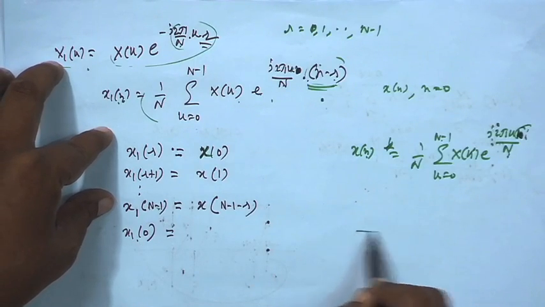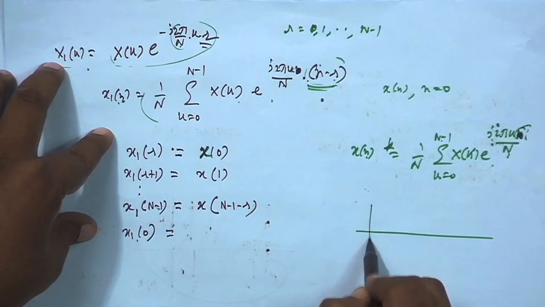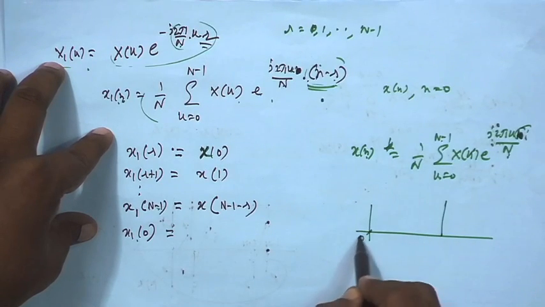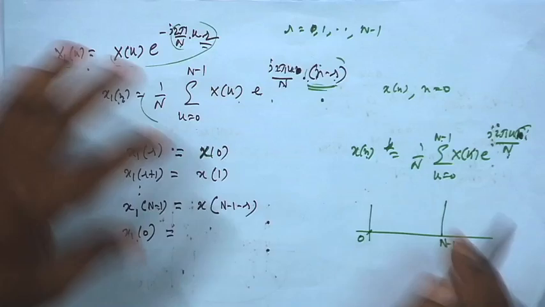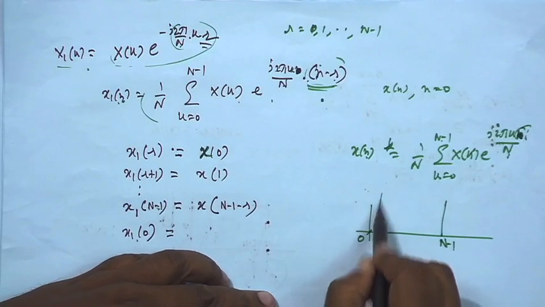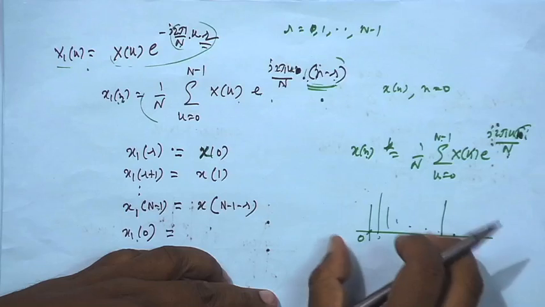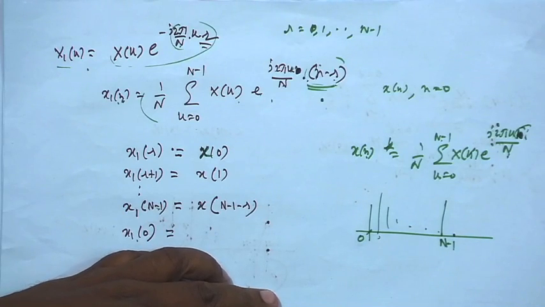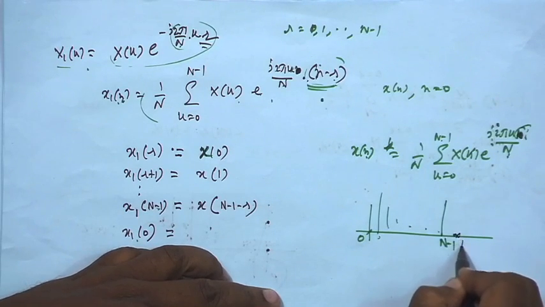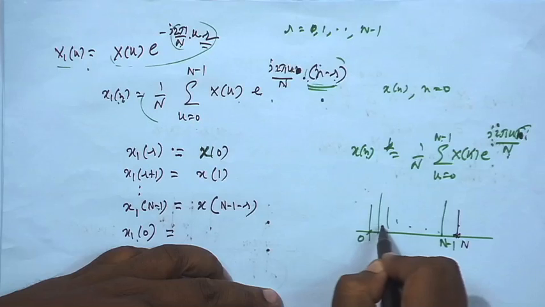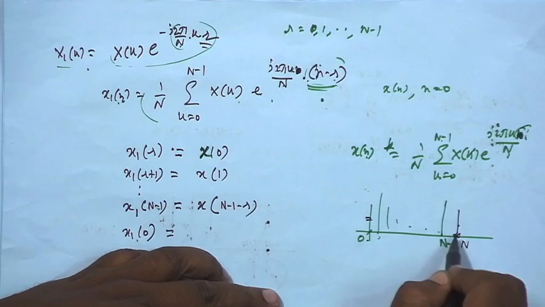from the property of DFT you have seen that if you take the inverse DFT and suppose this is a sequence, if you go beyond this, it becomes periodic. So, if you are going to nth point, whatever you observe, that will be same as this 0, 0 plus n.